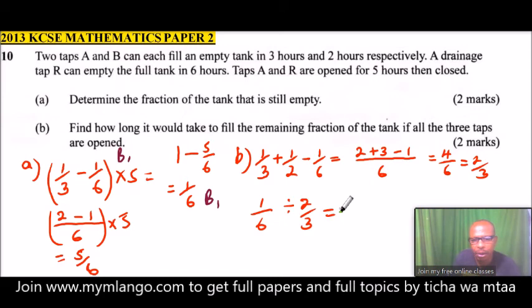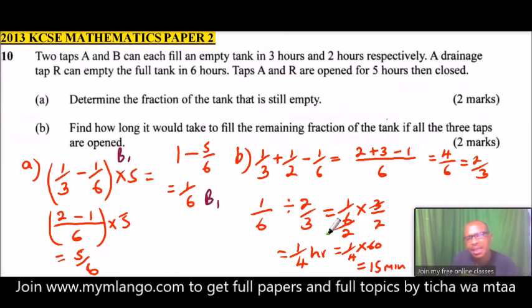You multiply by 3/2, and that will give you 1/4 of an hour, and 1/4 of an hour is the same as a quarter of 60 minutes, which will give you 15 minutes. So this means that it will take 15 minutes to fill the remaining part of the tank, which is 1/6.